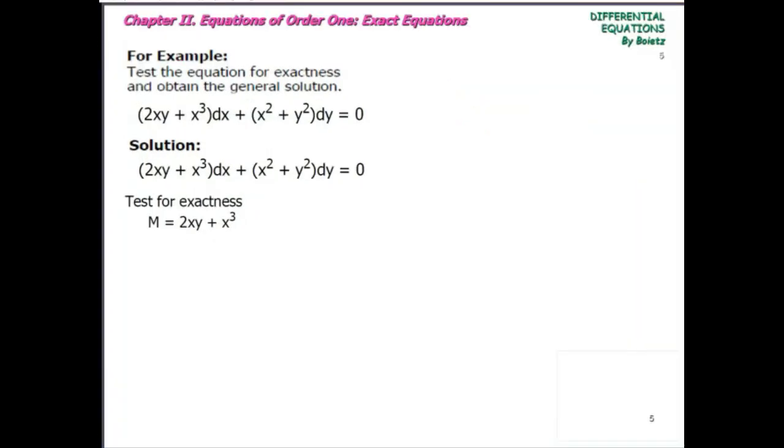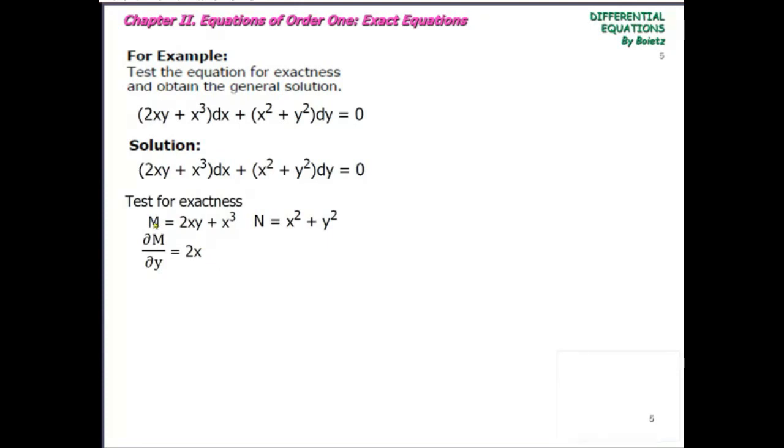So, ito yung M, tapos ito yung N. Then, get the partial derivative with respect to y. I-treat mo ngayon yung x as constant. So, 2x, derivative ng y, 1, therefore 2x. Then, this one is a constant, so derivative ng constant is 0. Kaya ang magiging partial derivative of M with respect to y is just 2x.